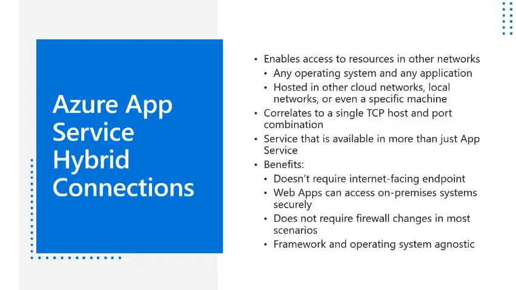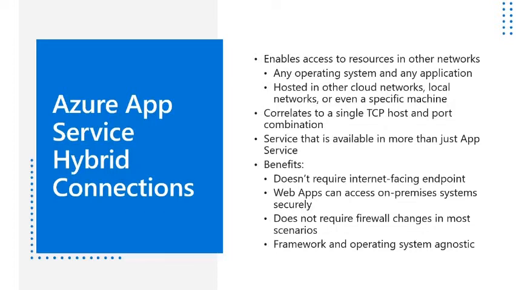The feature does not require an internet accessible endpoint. It is quick and easy to set up. Each hybrid connection matches to a single host and port combination, which is helpful for security. It normally does not require firewall holes. The connections are all outbound over standard web ports.